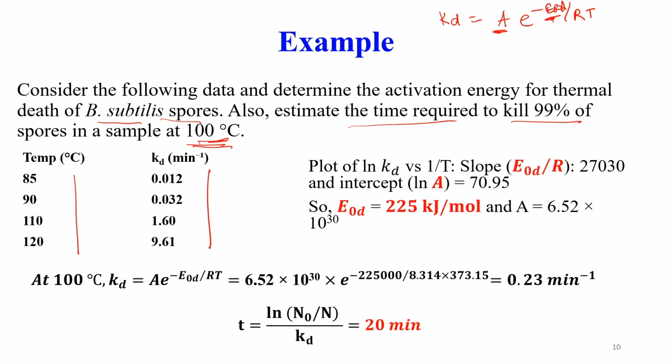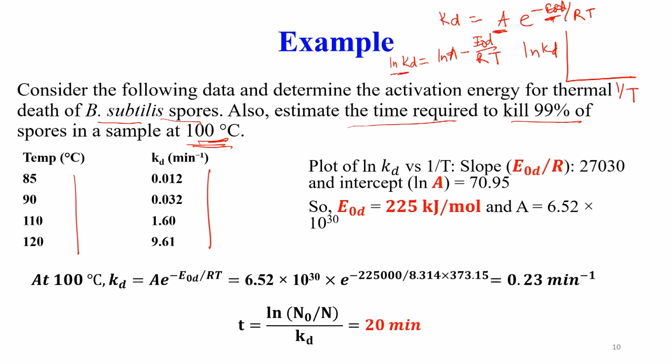So, we discussed in the last slide that if you plot ln Kd versus 1 upon T. So, what is happening here? It is ln Kd equals ln A minus E naught d upon RT.